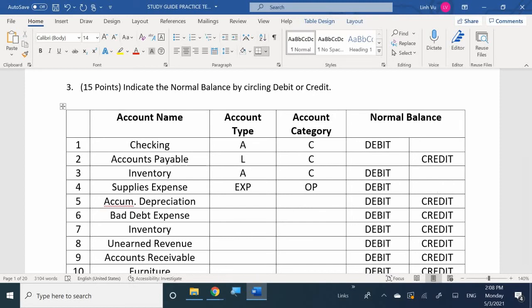All right. What about accumulated depreciation? Liability. A liability. No. Oh man. So close. What do we use accumulated depreciation account for? Expense.